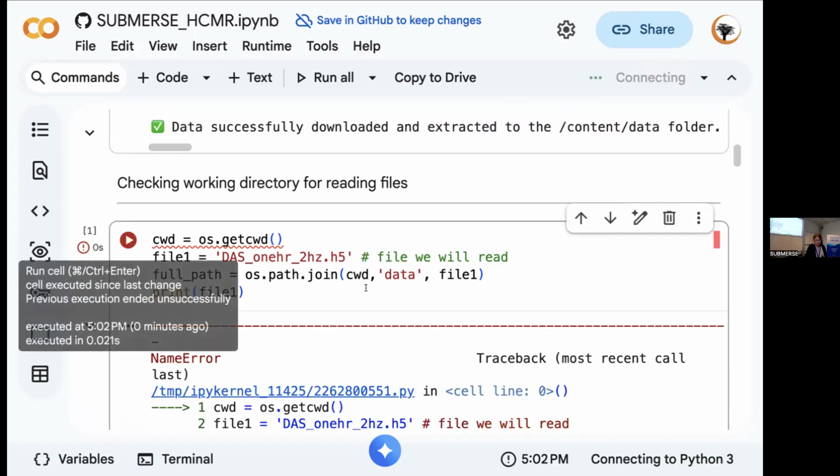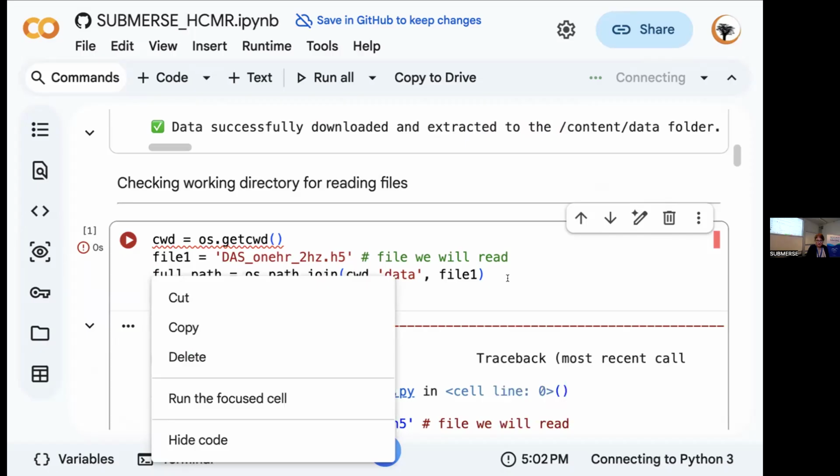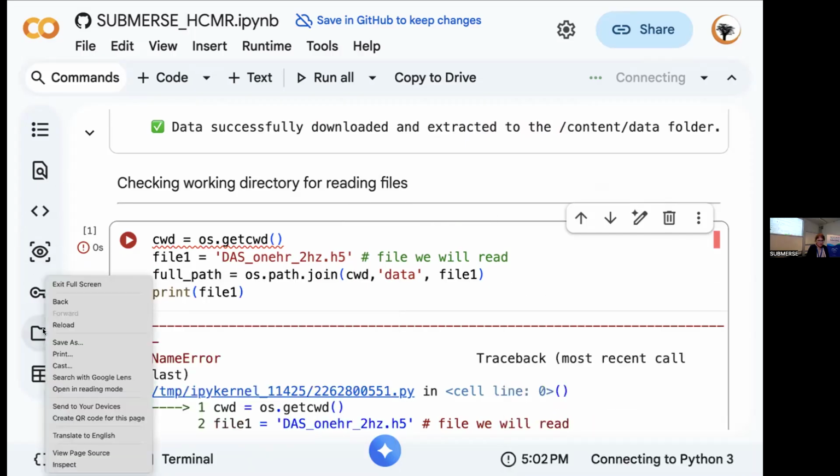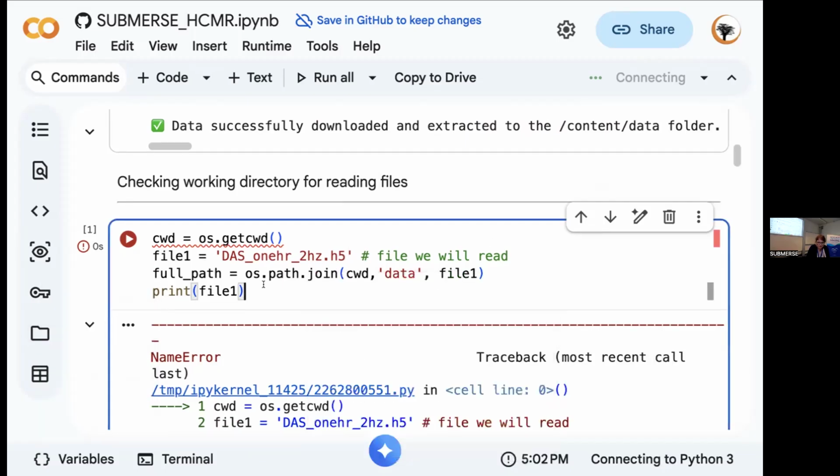And it's because of the... let me see where... Yeah, the full path I have. Data slash instead of just data. Oh, you mean here? Hold on a second.